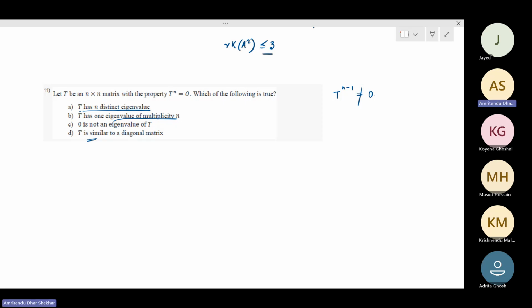This is going to be a diagonal matrix if and only if n is equal to 1, which means that T is identically equal to 0. So it's diagonalizable. Okay. So these kinds of matrices are called nilpotent matrices.